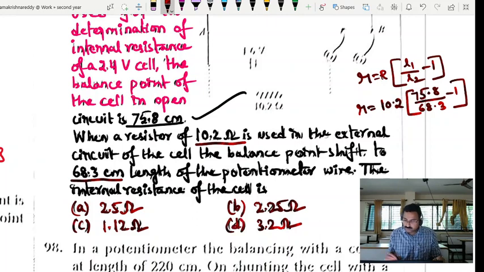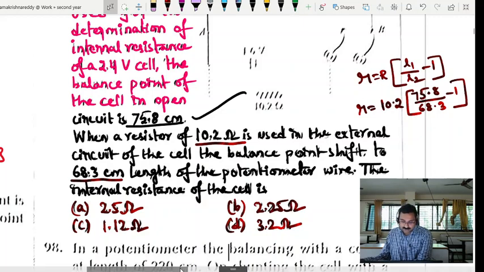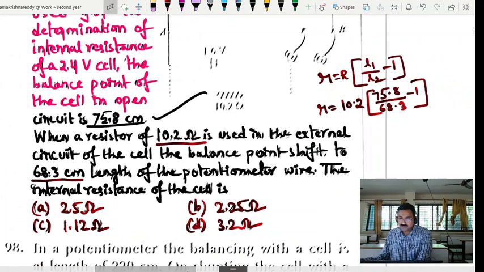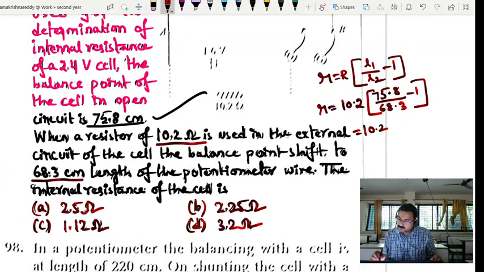Now see, 10.2 into 75.8 divided by 68.3 minus 1. So what value are we getting? 10.2 into, taking the LCM, 75.8 minus 68.3 divided by 68.3.